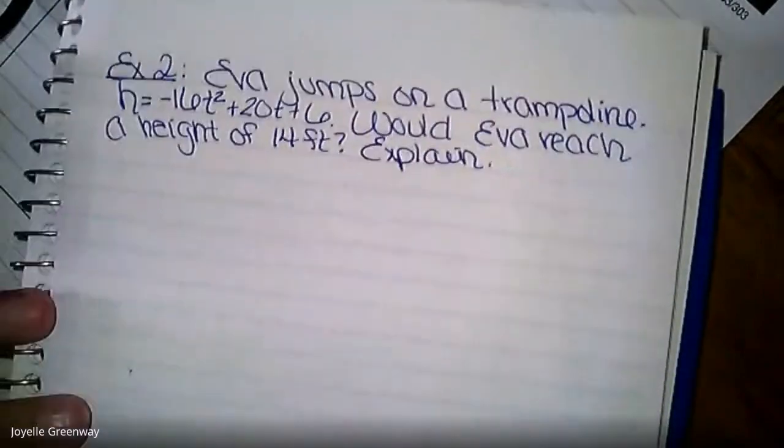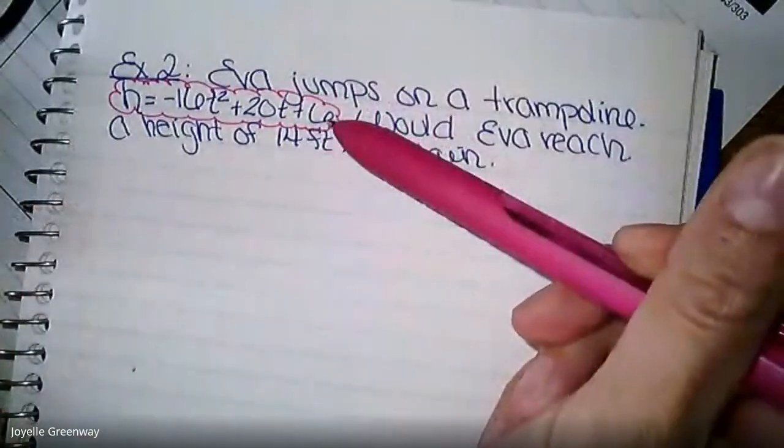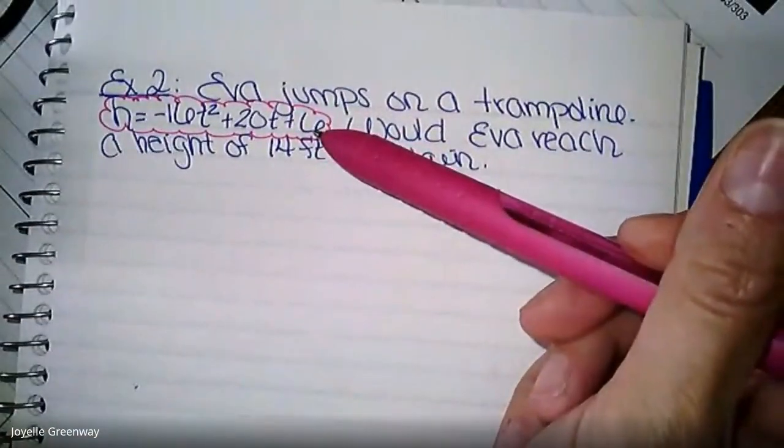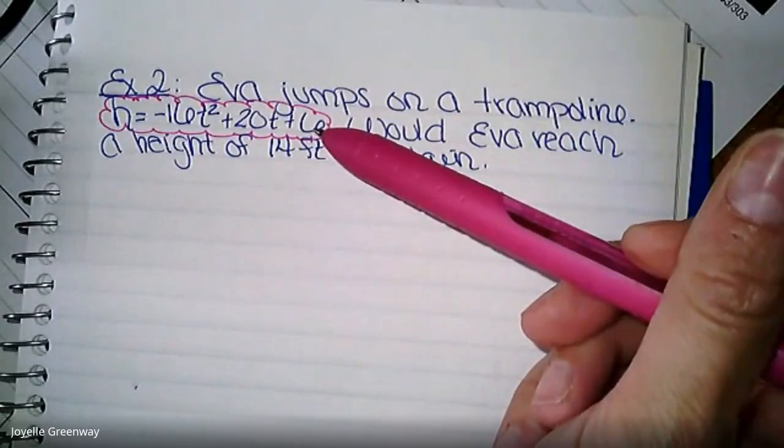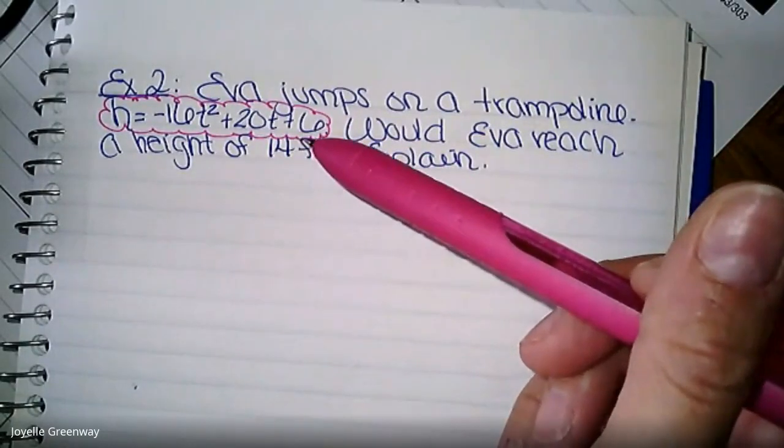So we have our quadratic equation, h equals negative 16t squared plus 20t plus 6. This means that the trampoline is 6 feet off the ground, so that's her starting height. We want to know, is she ever going to reach a height of 14 feet?